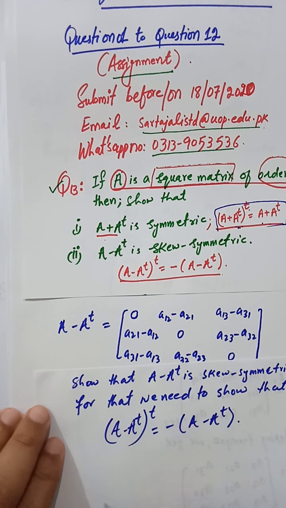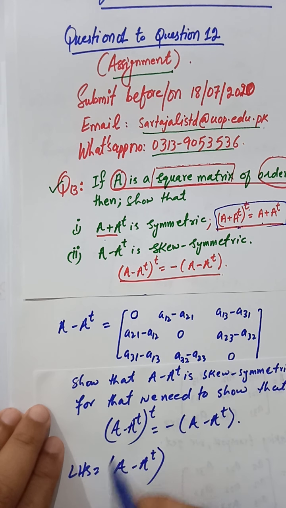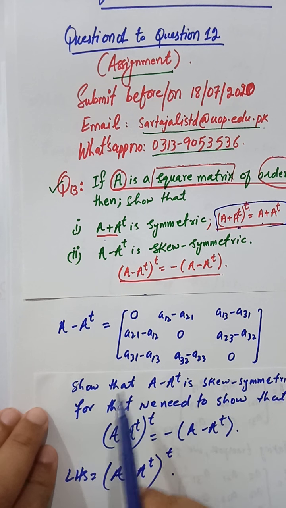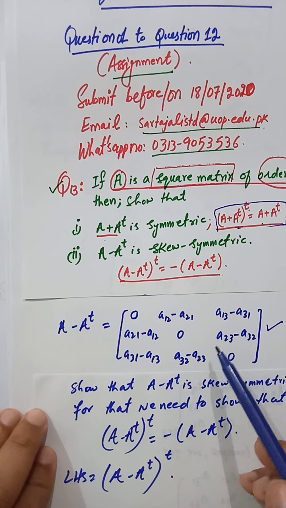So I am considering the left hand side, A minus A transpose whole transpose. So A minus A transpose is this matrix, you see that.